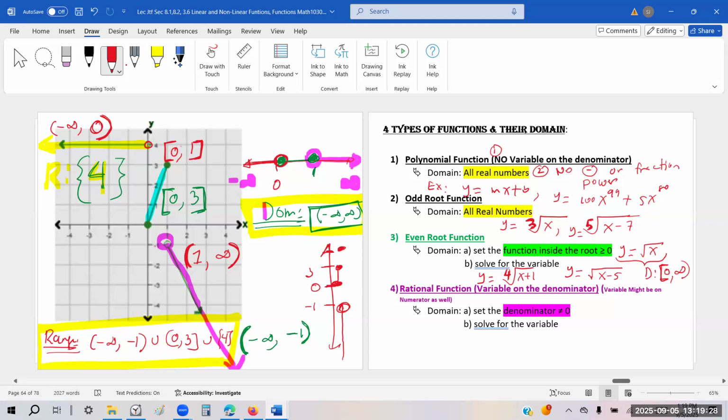So this is true only when you have x inside. Is this true when you have x minus 5 inside? Can you plug in 0 here? When x is 0, what do you get inside? Negative 5. Can you have negative 5 inside the radical? What if x is 1? No. What about 2? 3?